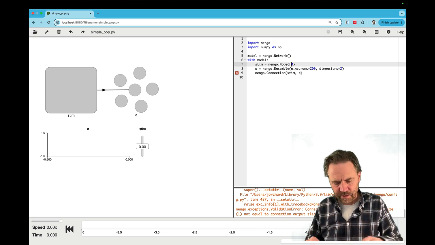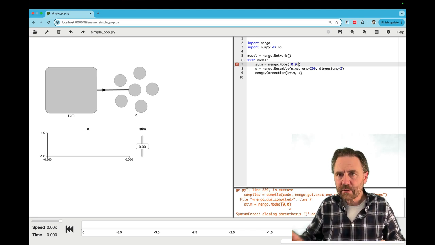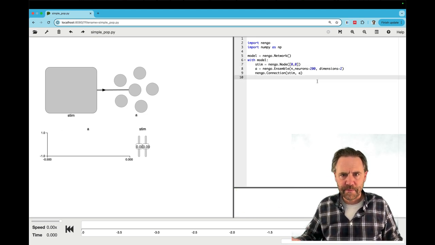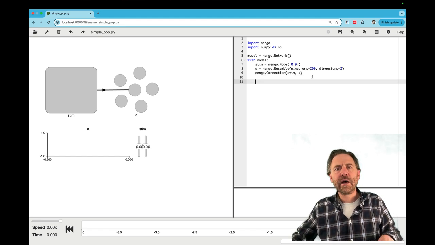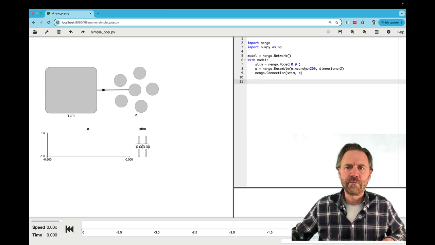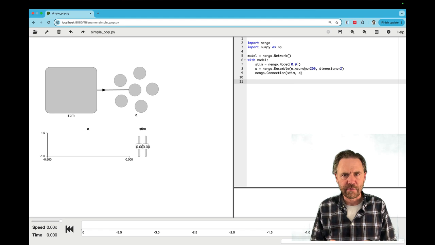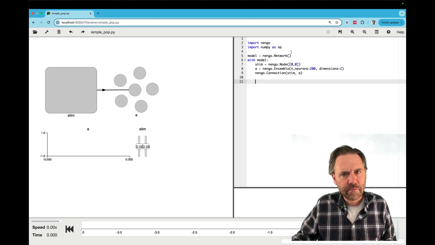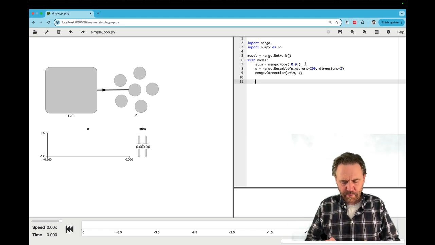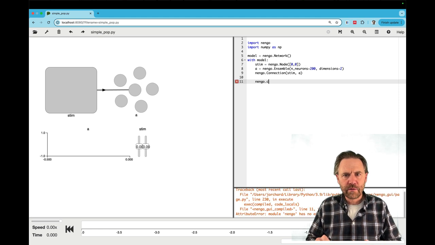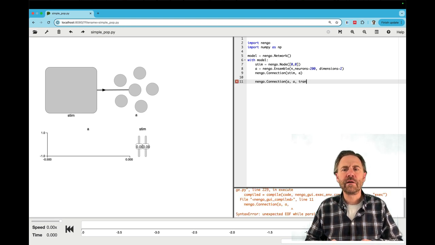Okay, now we're going to need two inputs, 0, 0. Now I need to re-inject the state, so a Nengo connection from A to A, and the transform is going to be 1.02.